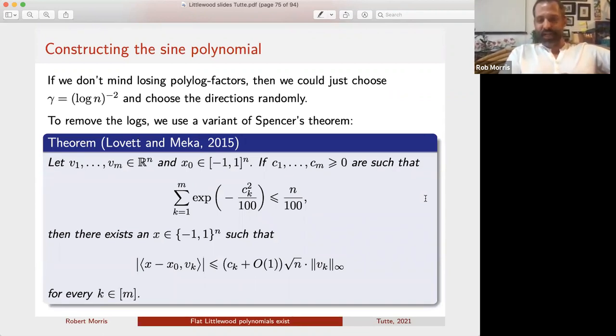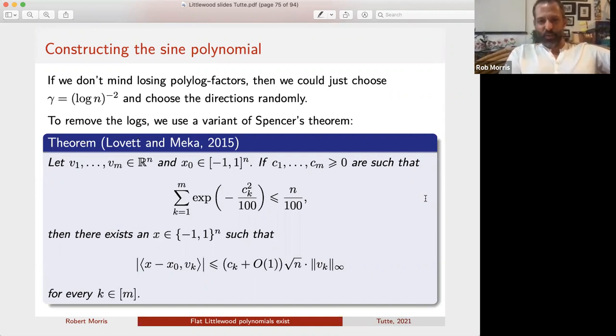And the exact statement we use is this lovely result of Lovett and Meka, which is a slight generalization of Spencer's theorem. There are two really nice things about this result. So it maybe looks a bit scary.